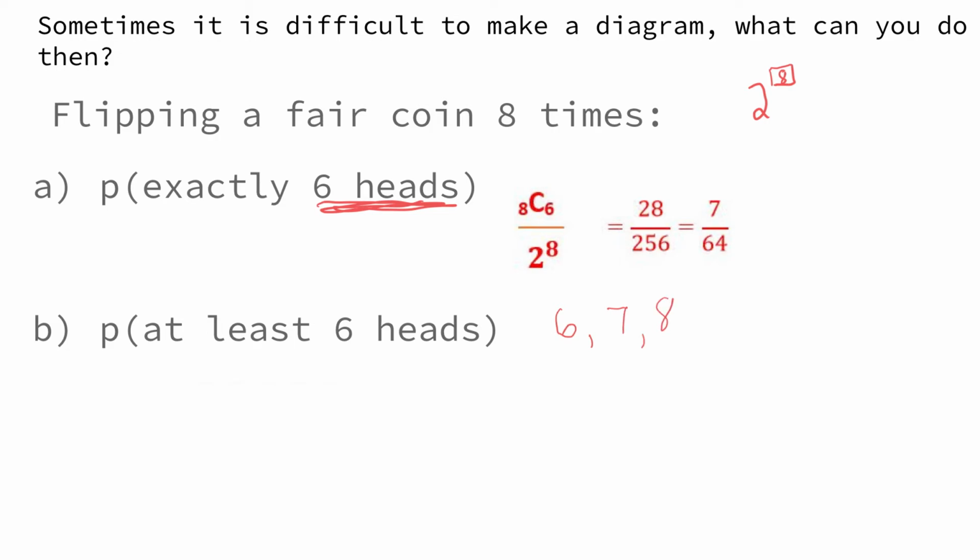Okay? Now when we do that, we're going to add those up. So we're going to have the combination of 8 flips choose 6, 8 flips choose 7, 8 flips choose 8, out of a total of 2 to the 8th power, and that comes out to be 37 over 256.